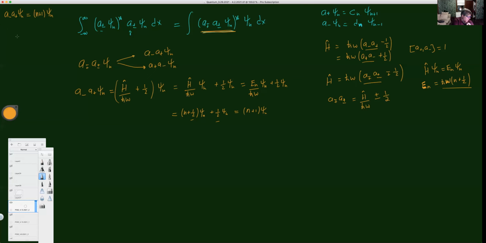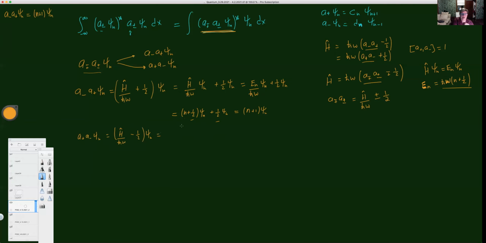Let's do similarly. We're going to have the a plus, a minus. So a plus a minus, that's the lower sign here, acting on psi n. And over here we have, again, we're going to take the bottom signs now. We have the Hamiltonian over h bar omega, and then we have minus 1/2 acting on psi n.